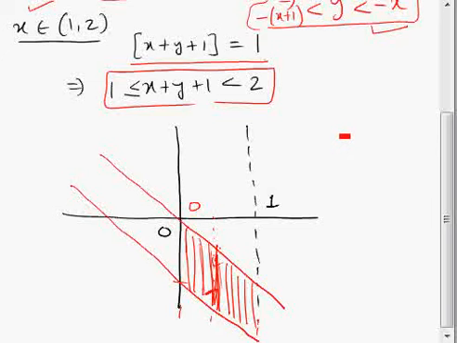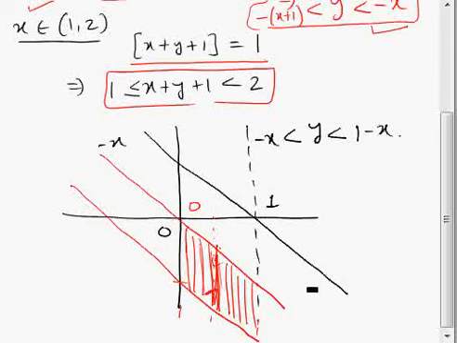Similarly we can simplify this. This means y can take values, y is greater than minus x and less than 1 minus x. So this is the minus x line. We'll draw the 1 minus x line. This is the 1 minus x line.